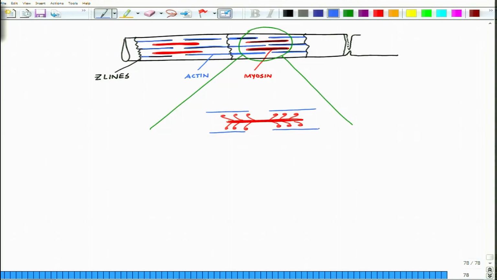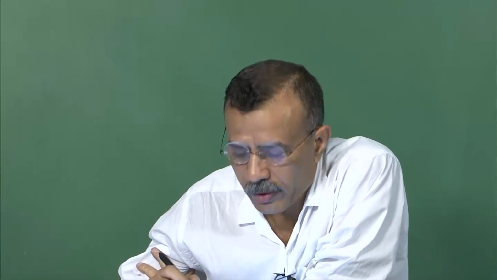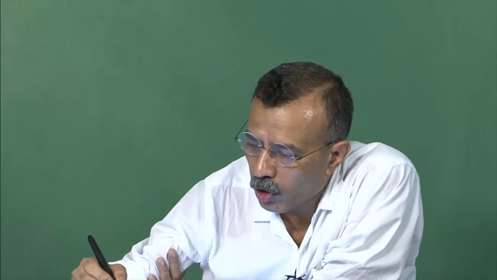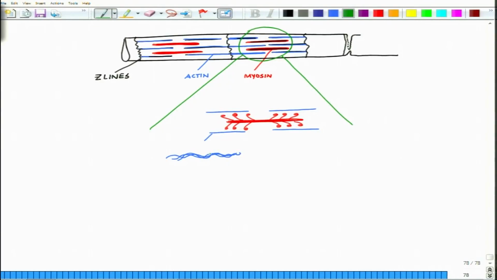The actin filaments are supramolecular assemblies of multiple proteins. In a normal condition, the actin filaments are in proximity with the myosin heads, but they are not in touch. They cannot interact because of the blockages which are present here.